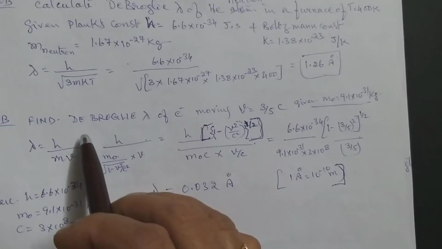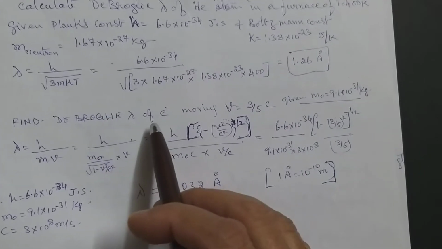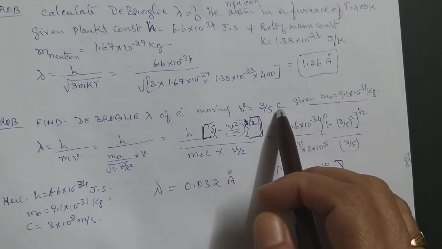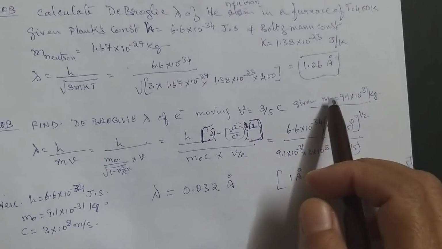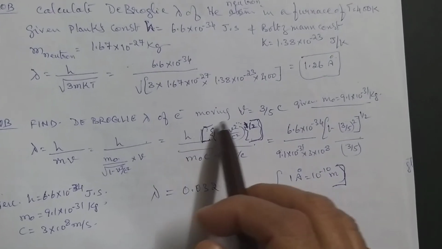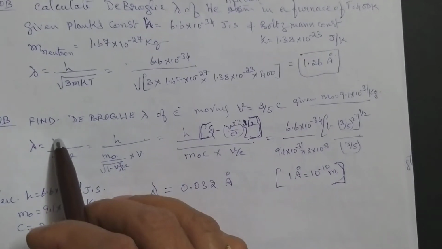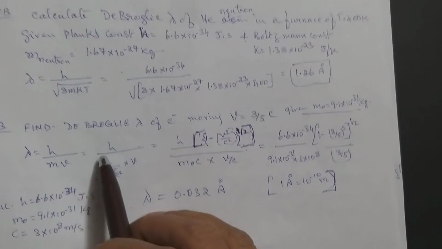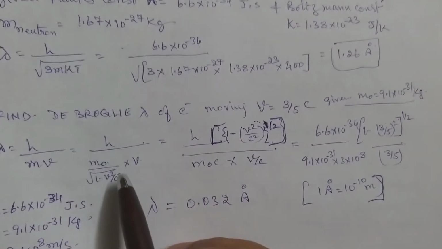Okay, here is another example: find the de Broglie lambda for an electron moving with velocity 3 by 5 of the velocity of light. Its rest mass is given. So when an electron is moving with some velocity, the formula will be h by mv, but m should be the relativistic mass.